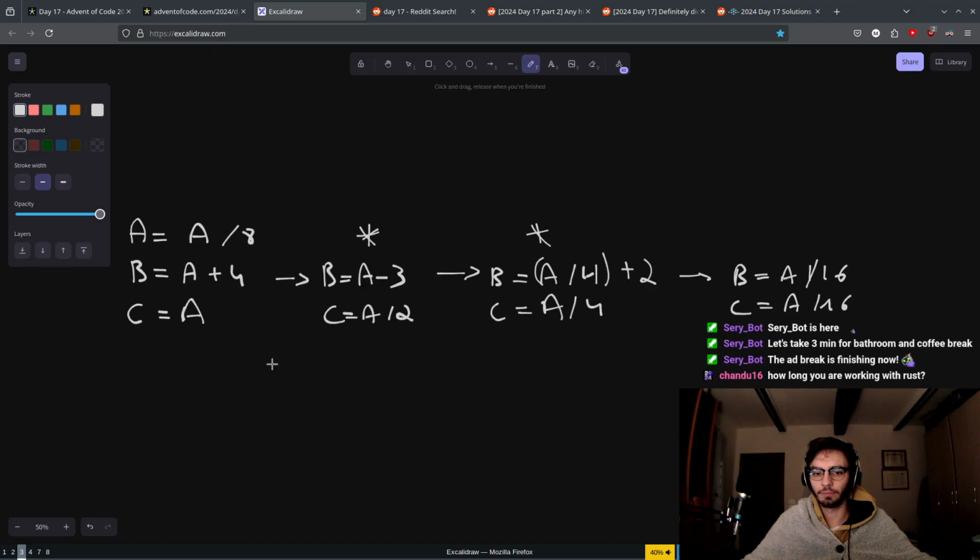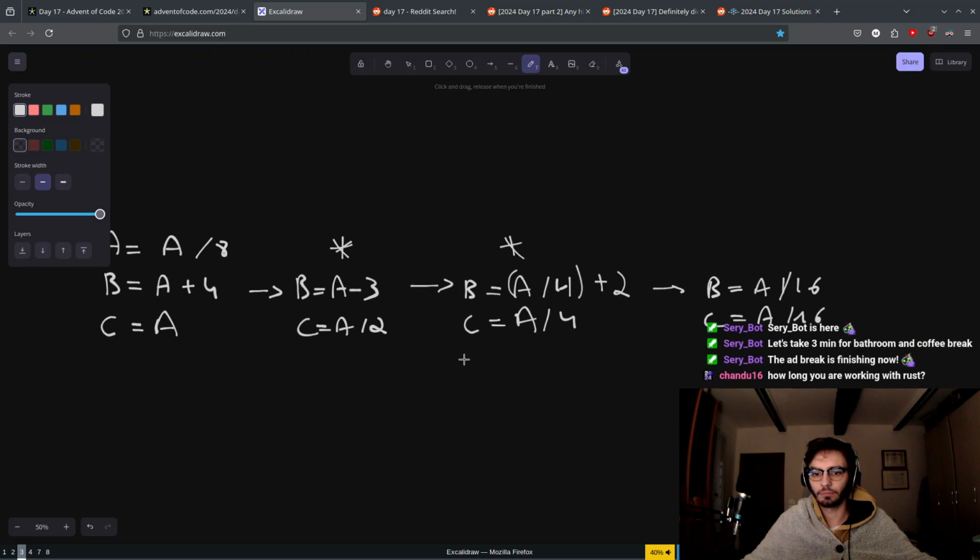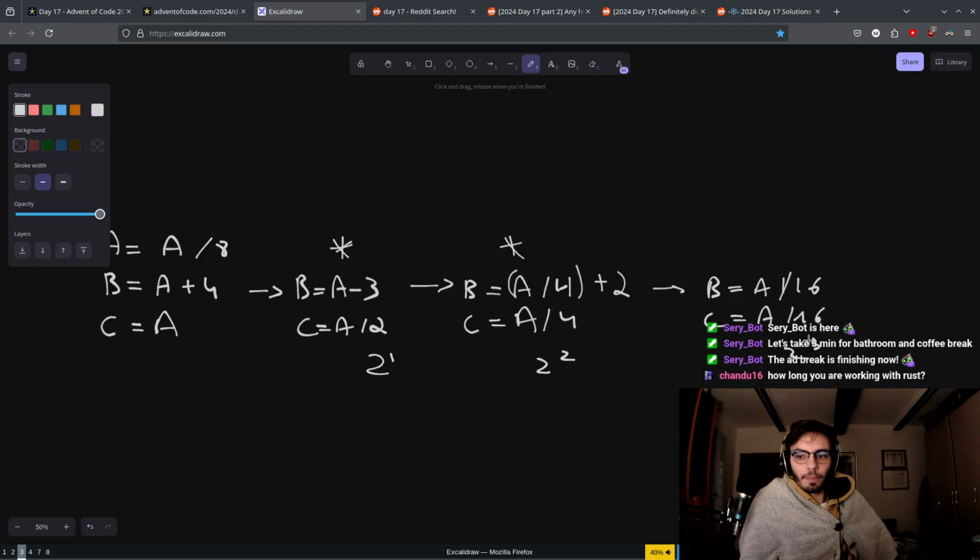Can I do anything with that? Okay, so the interesting fact is that C gets periodically divided by 2 to the power of 1, 2 to the power of 2, and 2 to the power of 3. That's the deal.